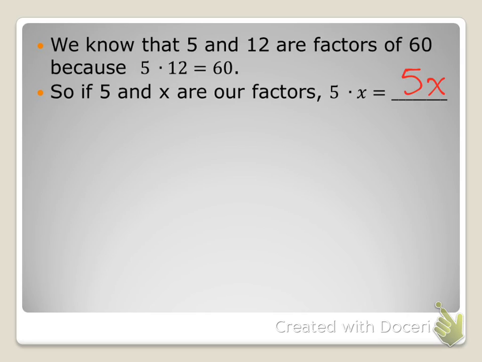That's all they're looking for there. X goes in that blank. What is important here that I think it's not really highlighted is that x is called a factor. So even though we don't know what it is, it's a variable, it's still considered a factor. Okay, because we could divide 5x by x.